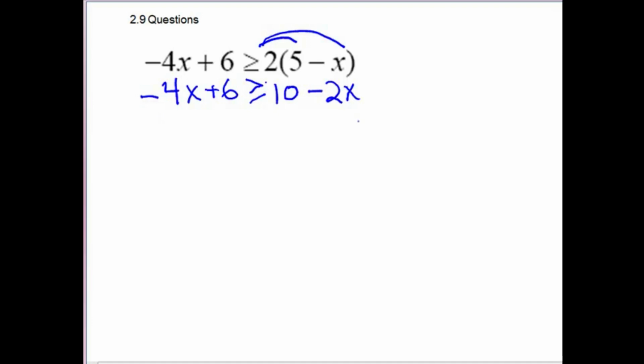We have x on both sides, so we want to get rid of one of those. With inequalities, it's best to keep the x on the left, so we will get rid of the minus 2x. To make it cancel, I need to add 2x to both sides. So I'm going to bring down what I have, and I'm going to add 2x to get rid of that one.